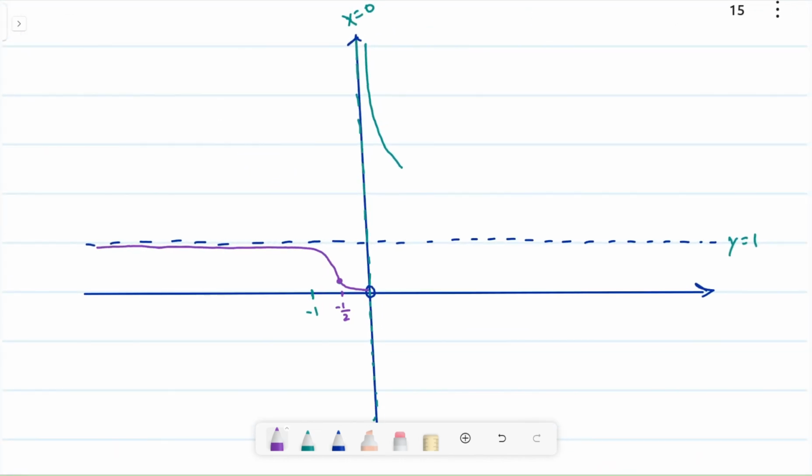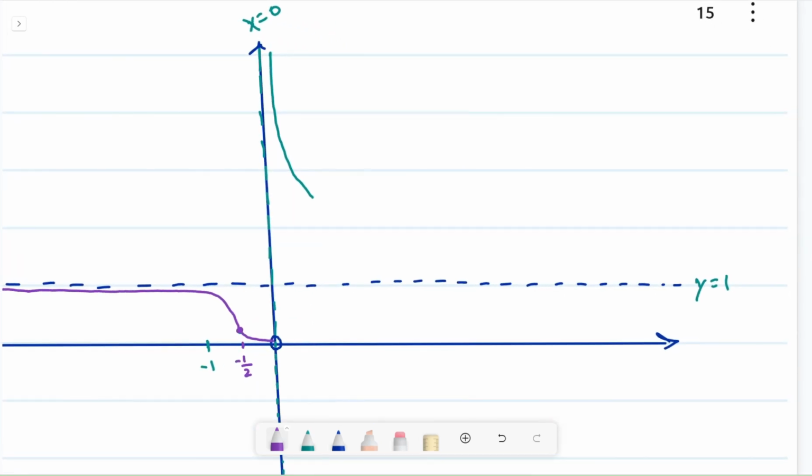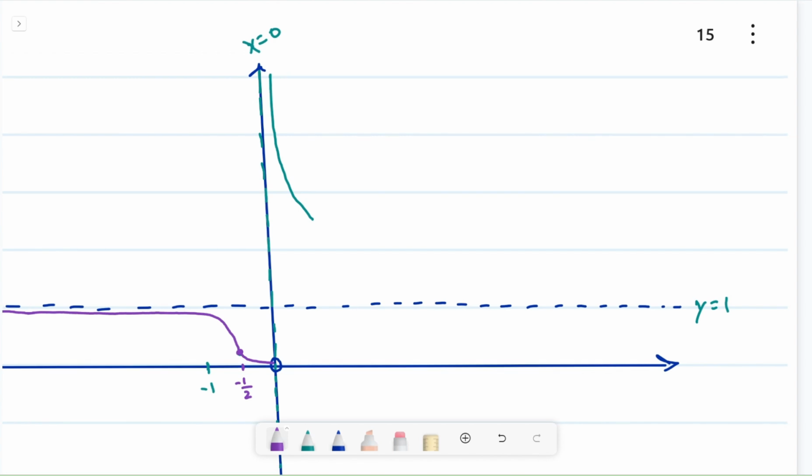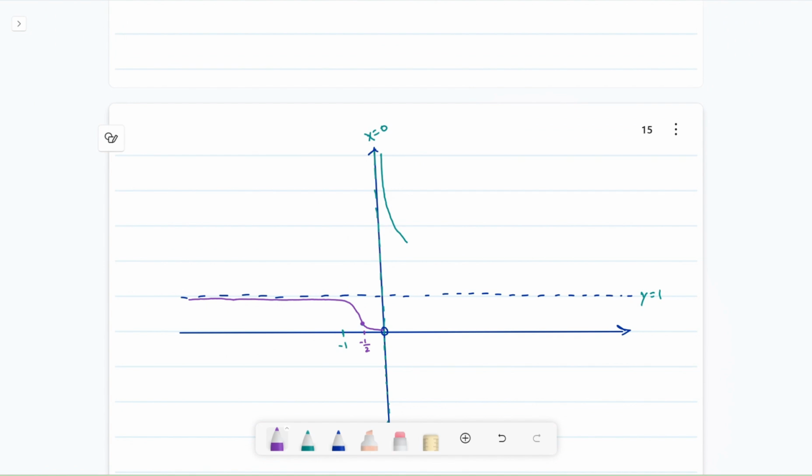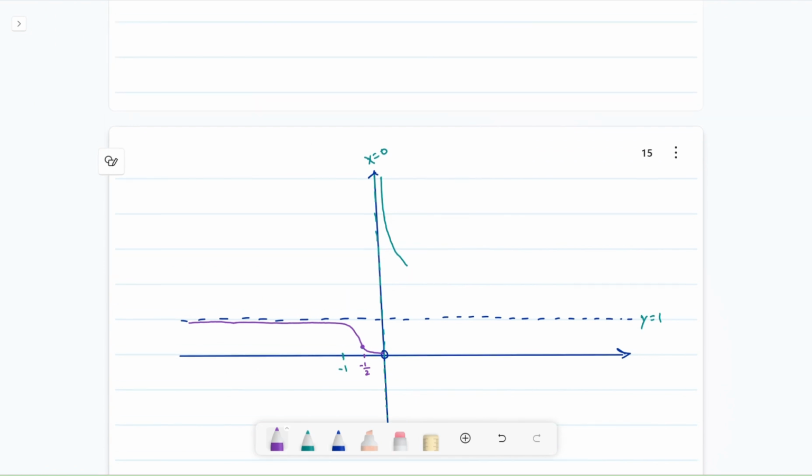So now we got how our graph looks from the left. So now let's look at how it looks right here from the right. Since we know that we have an asymptote here and another asymptote here, let's check the concavity to make sure what our graph is supposed to look like.